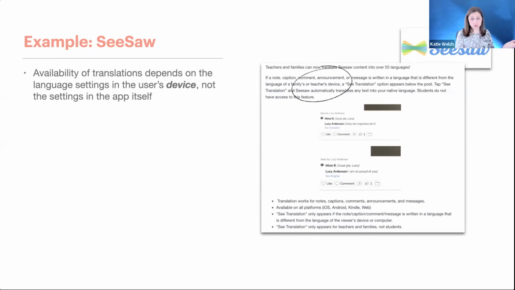You actually log into your phone. If your phone is set to a certain language, then SeeSaw will be translated. If your phone is not, then it won't be. And the language of the parent's device has to be different than the language of the teacher's device.